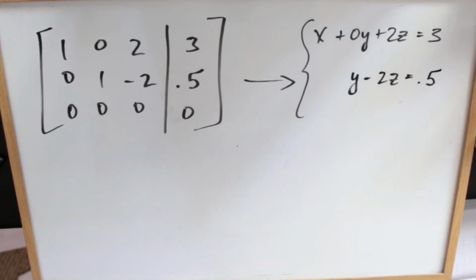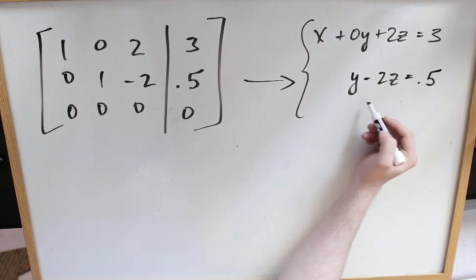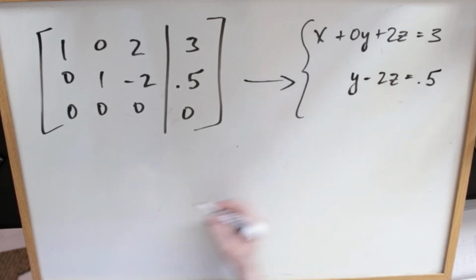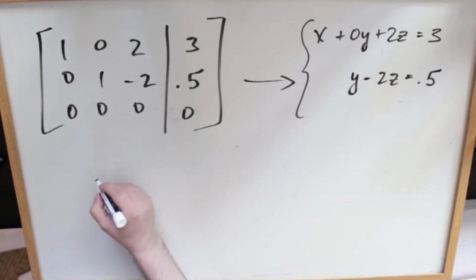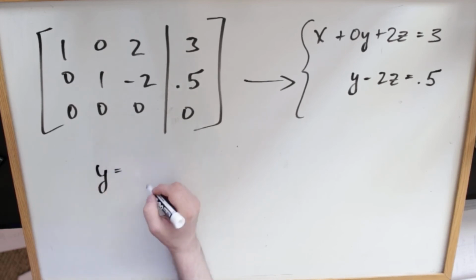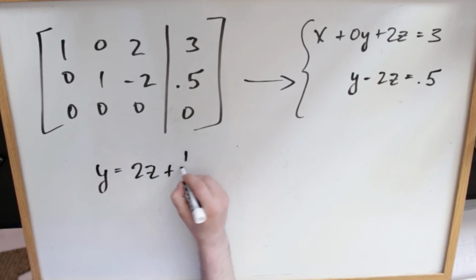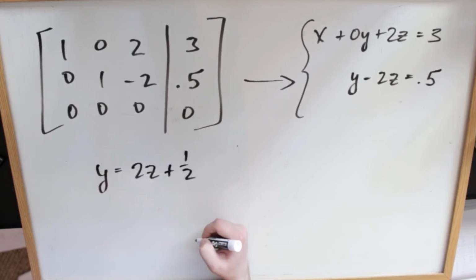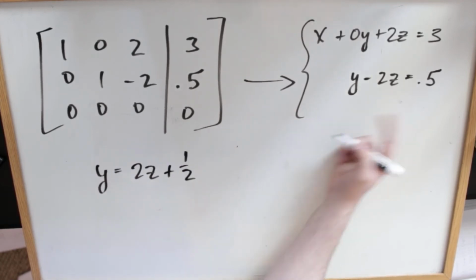Okay? So we get that this is dependent on z. So what we're going to do is solve this for y in terms of z. So row 2, we'll have y is equal to 2z plus 1/2, or 0.5, it doesn't matter. I'm just moving the z to the other side.